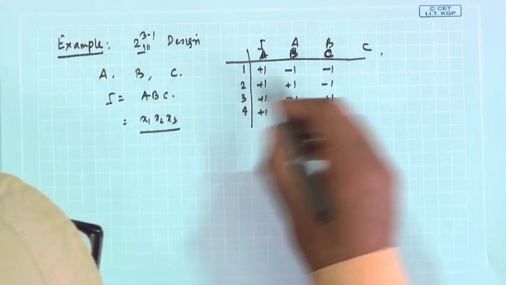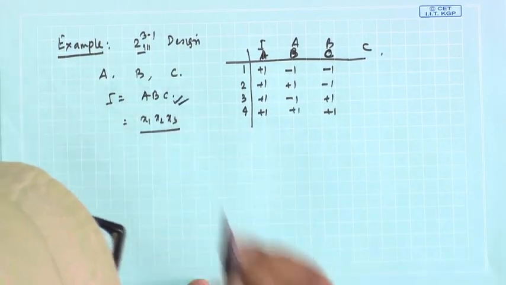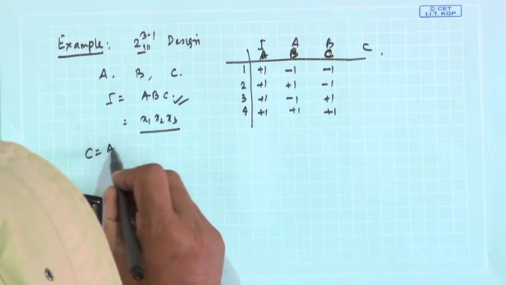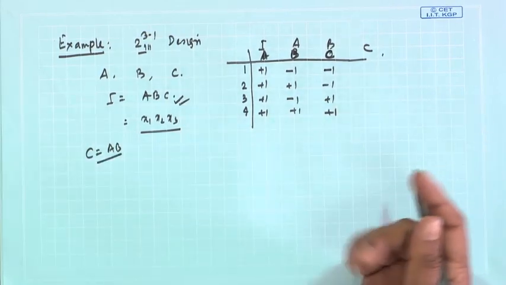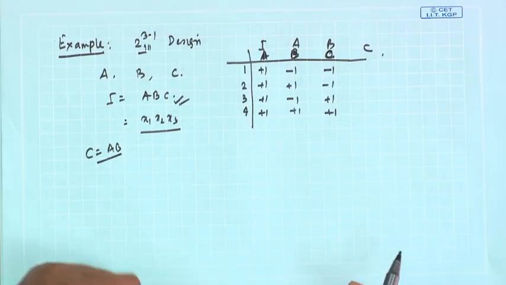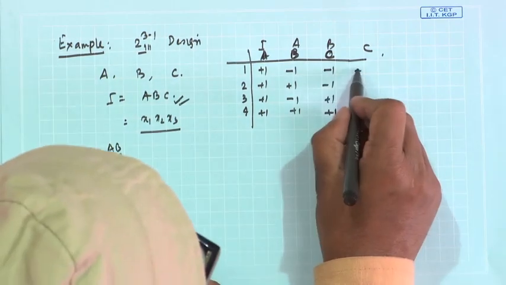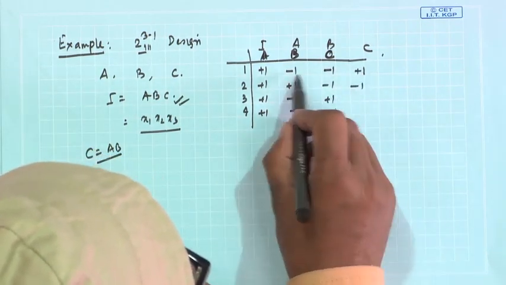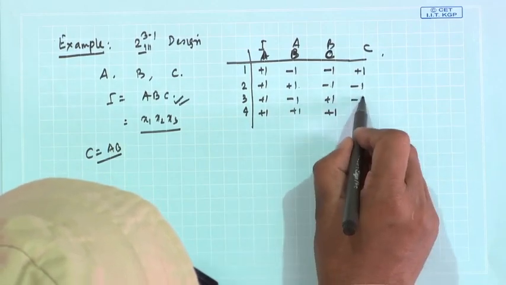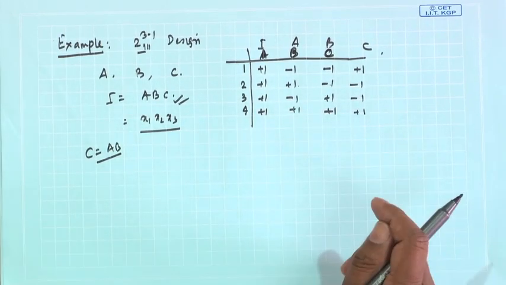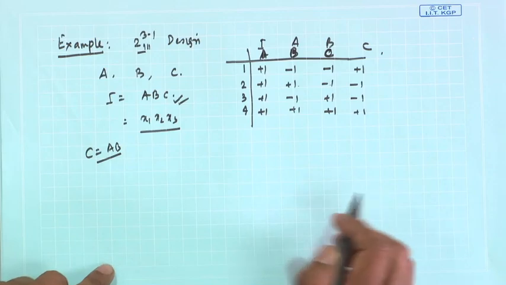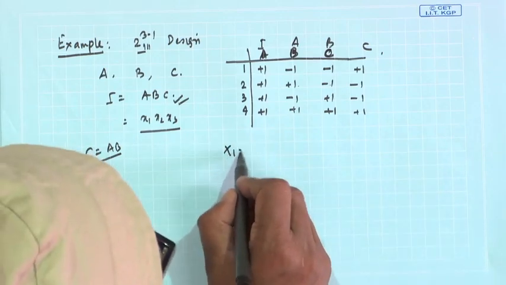So, let us assume that C equals AB, and we will use the same thing to show that it comes from the regression approach also. So, that means C is plus 1, minus 1, minus 1, plus 1. Okay. So, what is my design matrix then, x1?